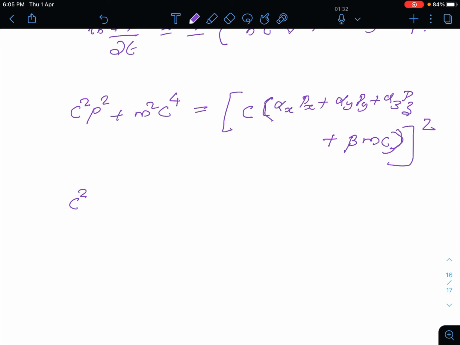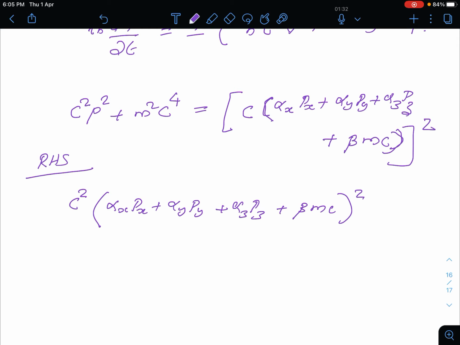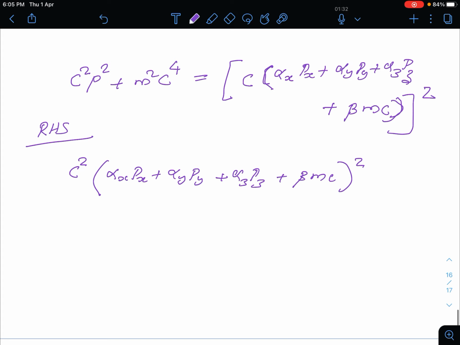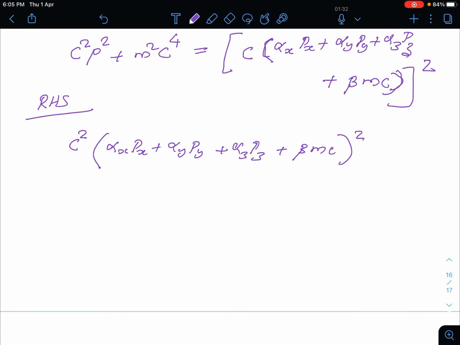So this is simply c square into, I am just considering the RHS, so that is c square into (alpha x px plus alpha y py plus alpha z pz plus beta mc) all square.